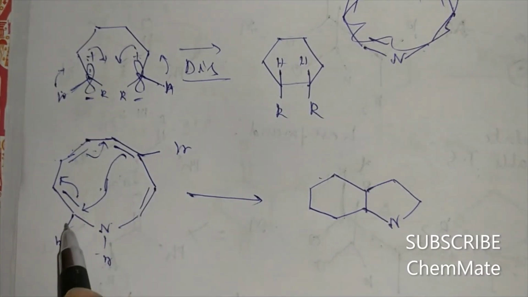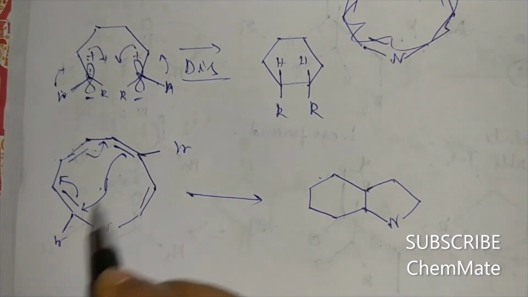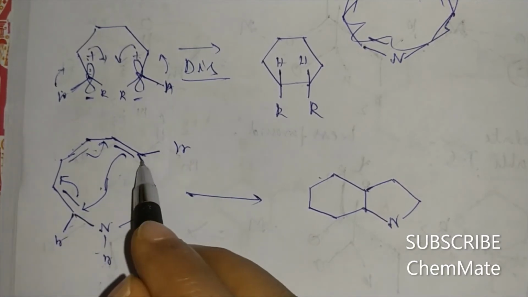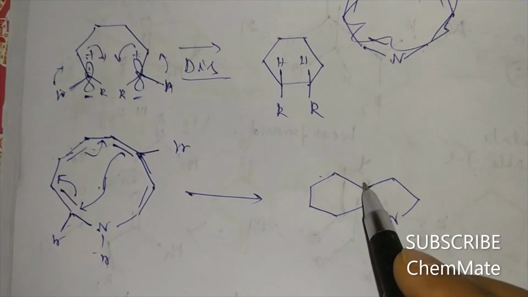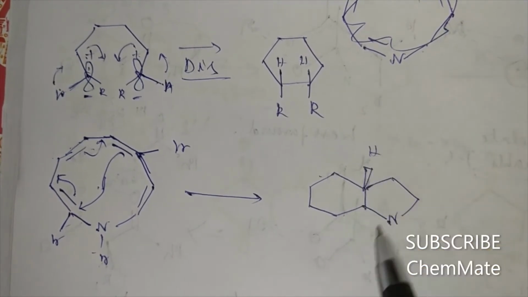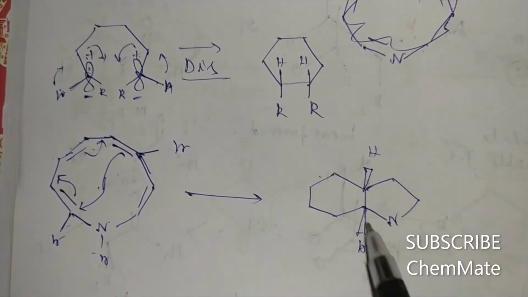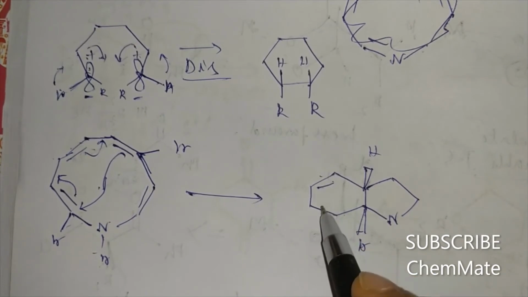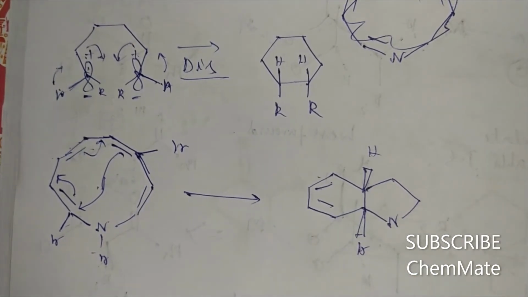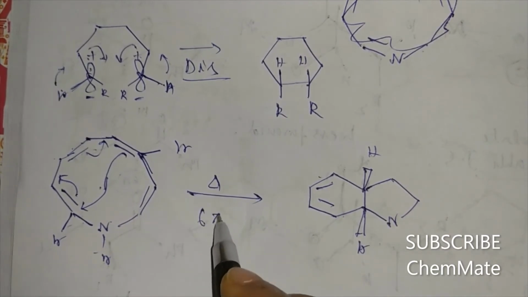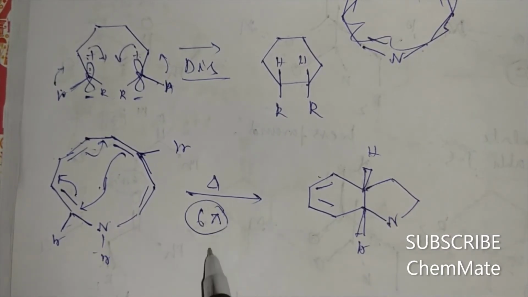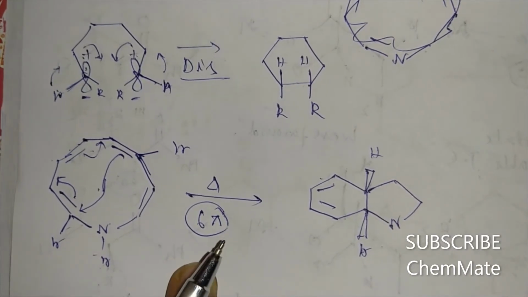Here also the same condition, the hydrogens are outside and these are the R groups, inside. So here the hydrogen will go above the plane and 2 pi bonds will be here. So this will be the product for the 6 pi electronic ring closing reaction.